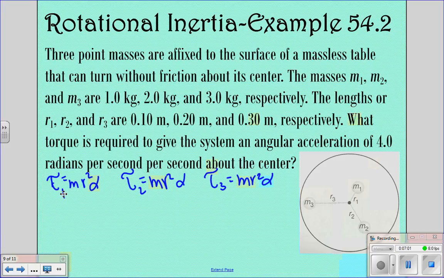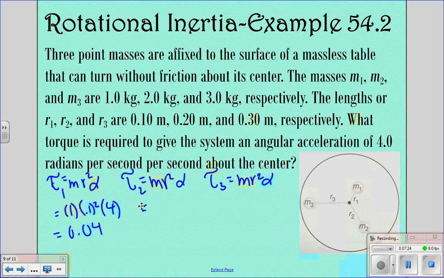So for the first one, the mass is 1 and the radius is 0.1 and the angular acceleration is 4. If you multiply that out, you're going to get 0.04.